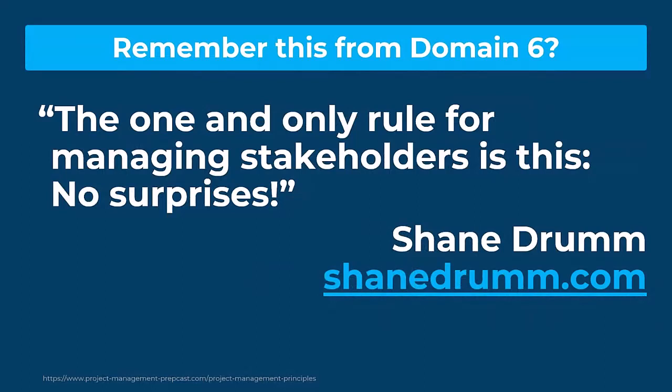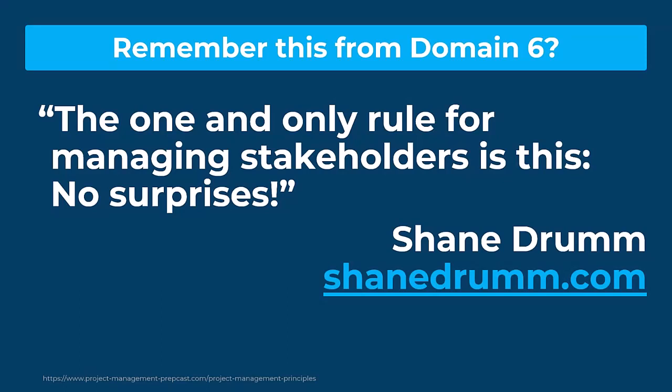From Shane, the one and only rule for managing stakeholders in regards to delivery is this: no surprises, right? And this is exactly how Elizabeth tied this domain here and the delivery domain into each other. We keep the stakeholders apprised, we tell them what's going on, right? And this just brings everything together here.